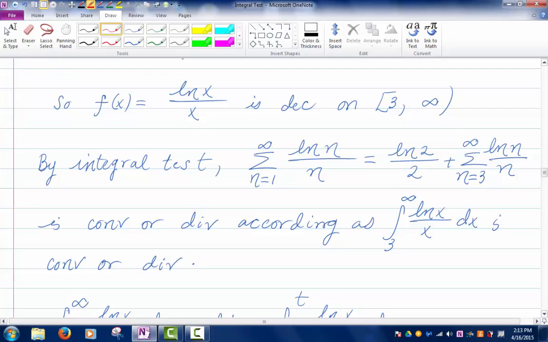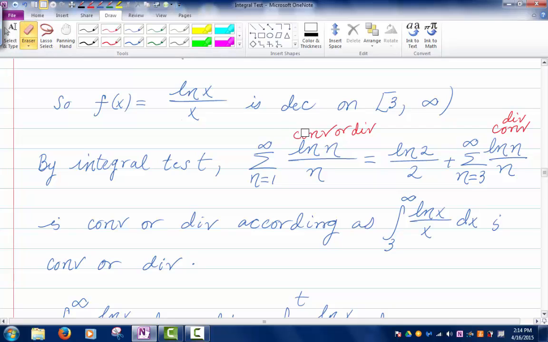And then I kept the rest, so I took out the first two terms, and then I have the remaining series, n going from 3 to infinity of ln of n over n. So my given series is convergent as long as this one is convergent, right? Or this one is divergent if that one is divergent, right? Am I making sense?